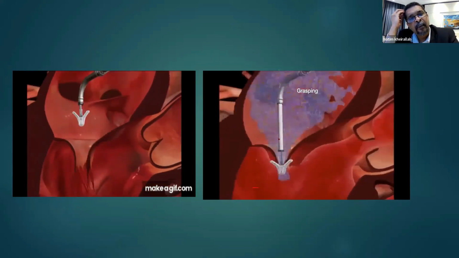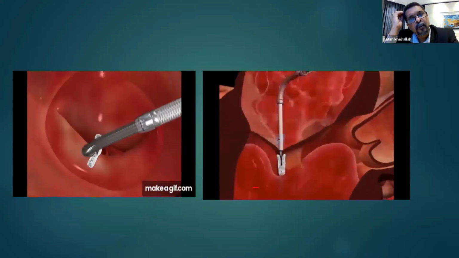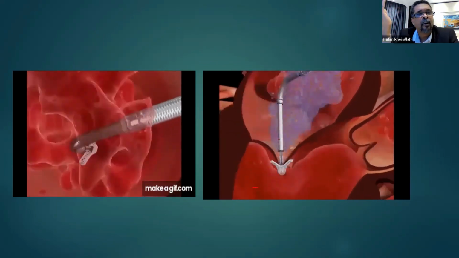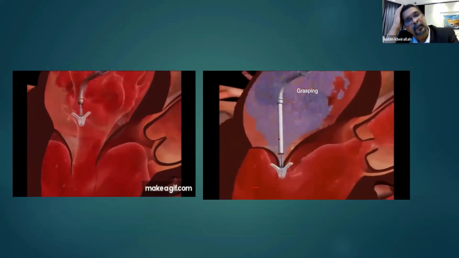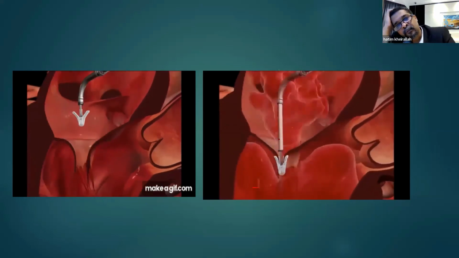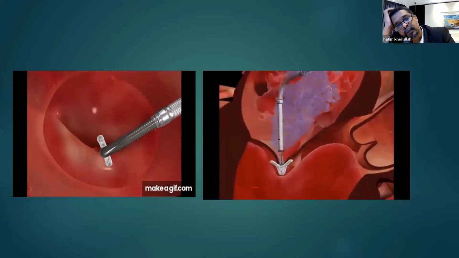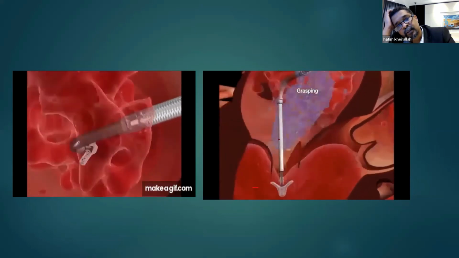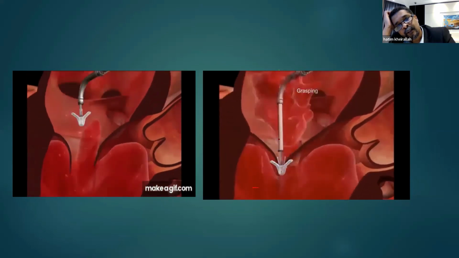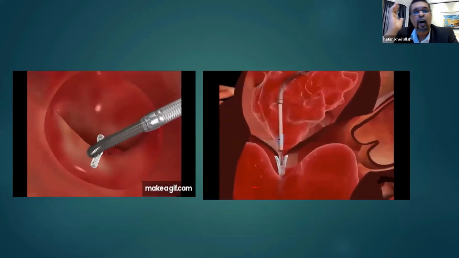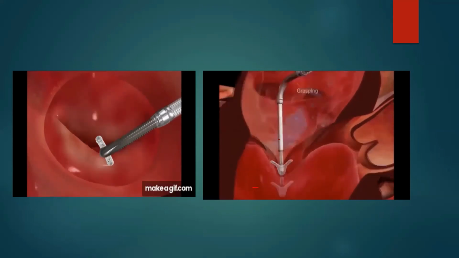And if I have a patient, 47, with an ejection fraction of 40 and severe MR, will I take this patient for mitral clip?